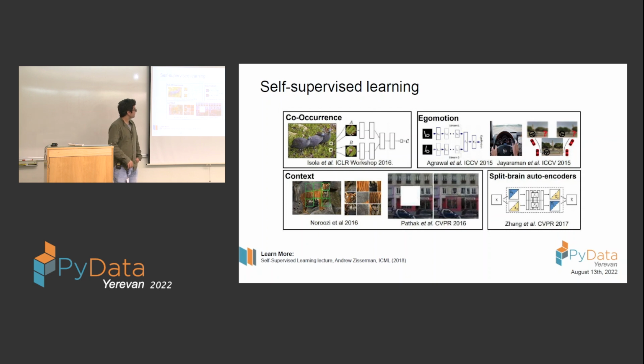I'm using computer vision examples here, but most of them also apply in NLP. It can be used for automation in different areas. So you can just change the input and the output based on your problem.